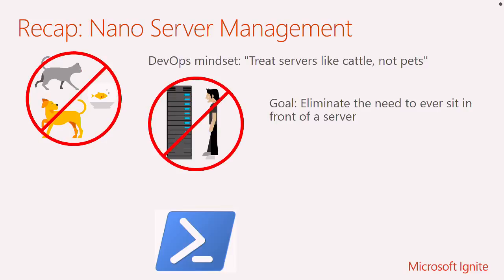But the fascinating thing is, once you've built a couple of Nano Server images, once you've deployed them, one of the things that you start to realize is you actually don't remotely manage them that much, because there isn't that much that can go wrong. So for instance, you deploy a Hyper-V server on Nano Server. Because people can't log into it, it's actually really hard to break it.